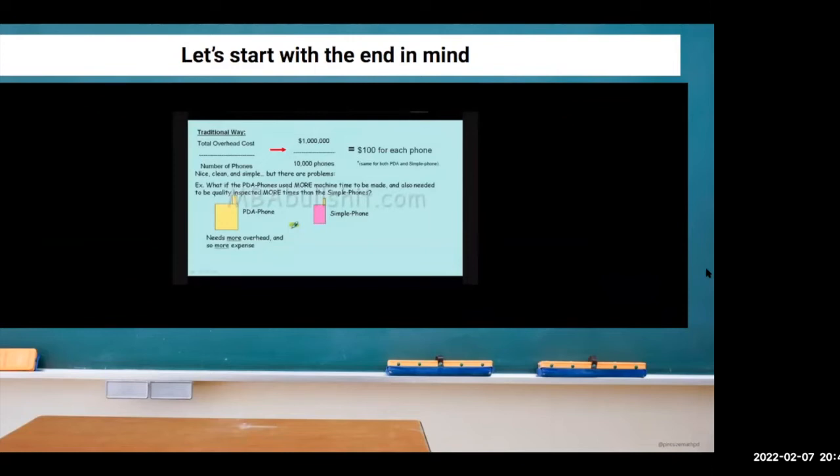The PDA phone needed more quality inspections, so therefore it should pay for more of the salary of the quality control manager. Whereas the simple phone needed less overhead because it had less machine maintenance cost, used the machine less, and also used fewer inspections of the quality control manager.